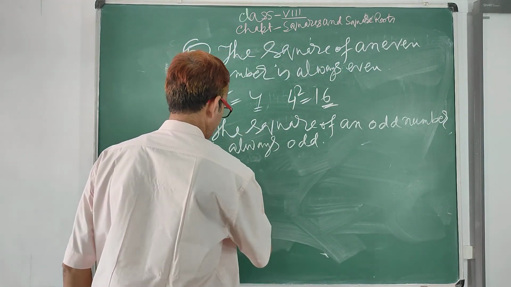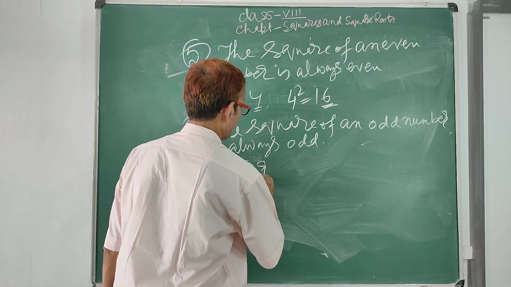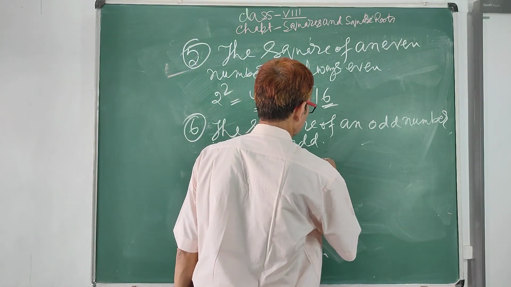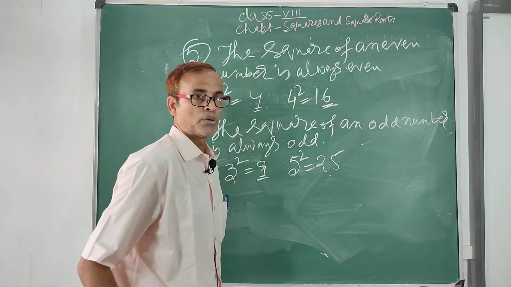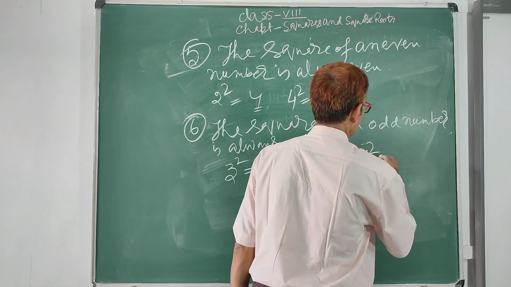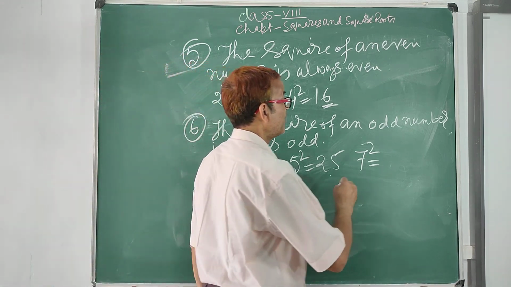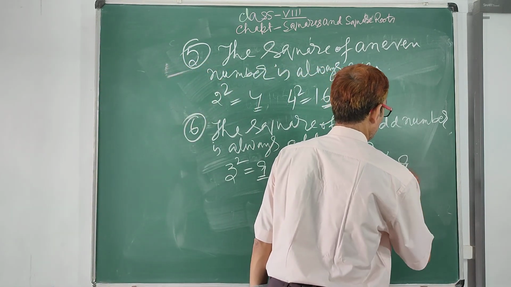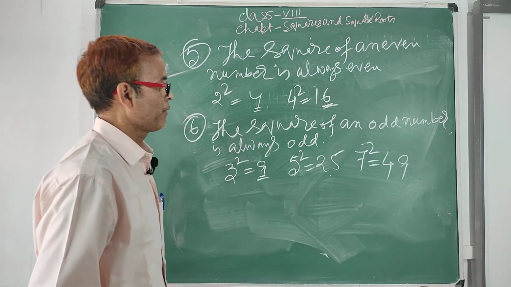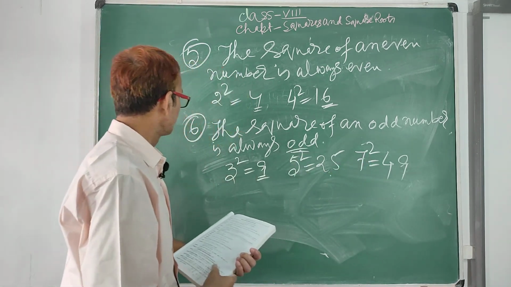For example, 3 is an odd number, so 3 square is equal to 9. 9 is also an odd number. 5 square is equal to 25. 25 is also an odd number. 7 square is equal to 49, 7 is an odd number and 49 is also an odd number. So property 6 is the square of an odd number is always odd. So we are getting the odd number.